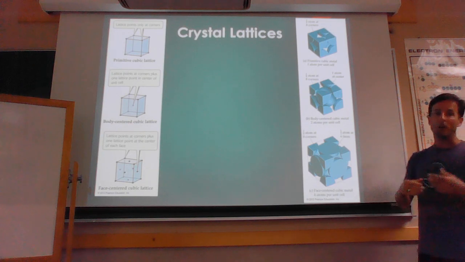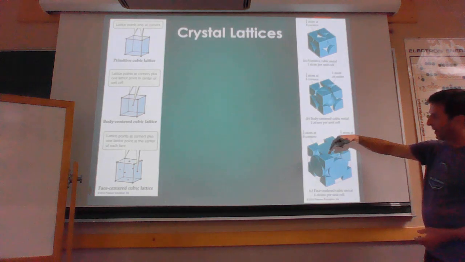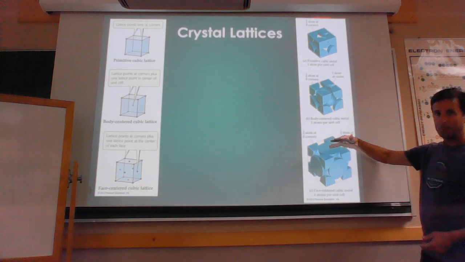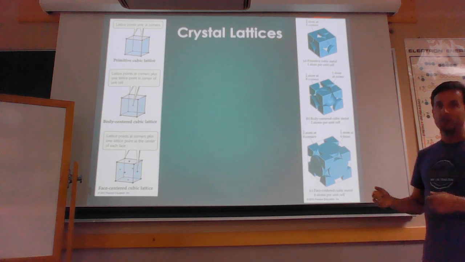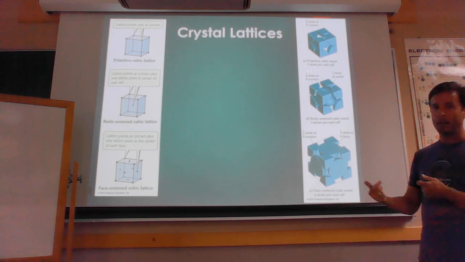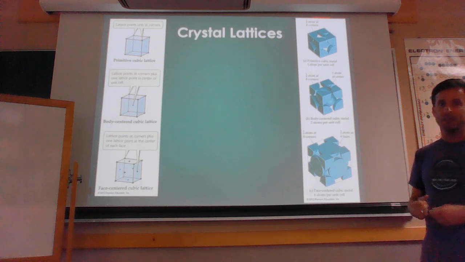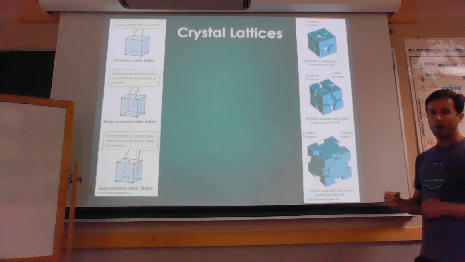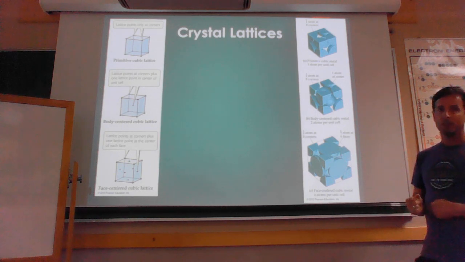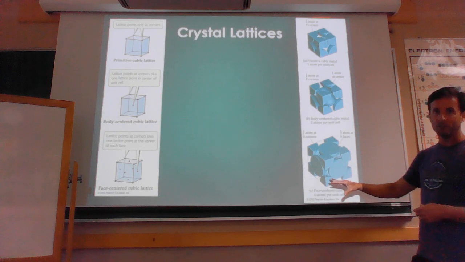So then I think about how many faces are there. On a cube, there'd be 4 faces around it, plus the top, plus the bottom. A cube has 6 faces. So 6 times 1/2, all the faces are going to contribute 3 atoms into the cell. So my corners give 1 atom, my faces give 3 atoms, so that's a total of 4 atoms inside this cell.